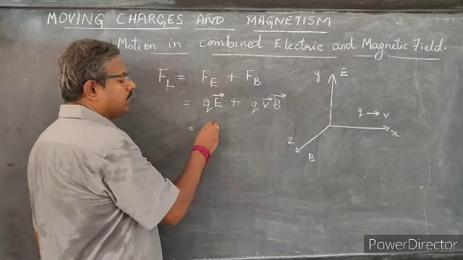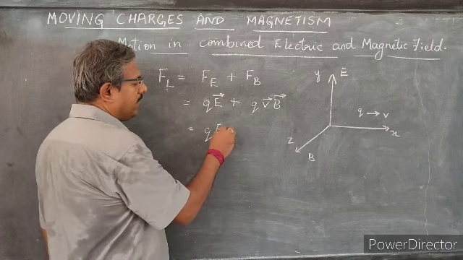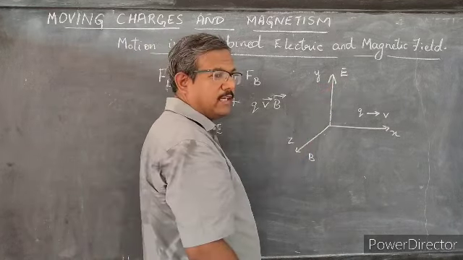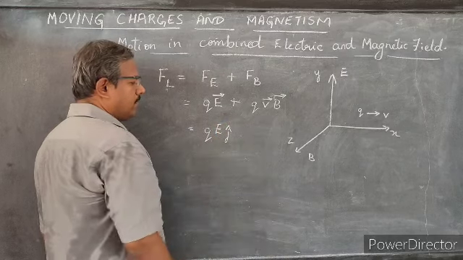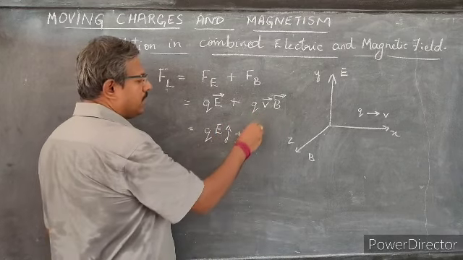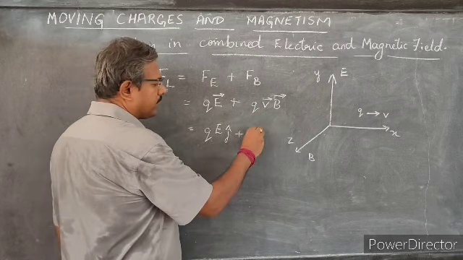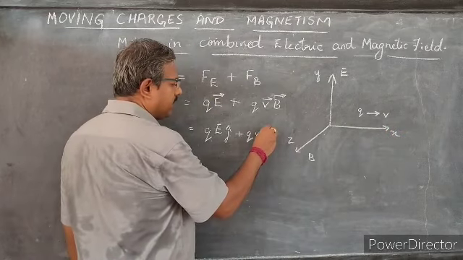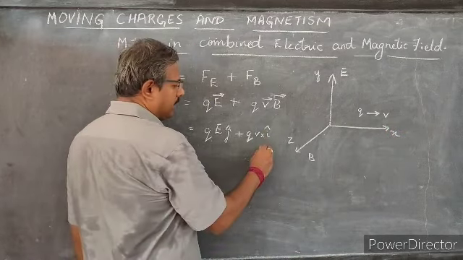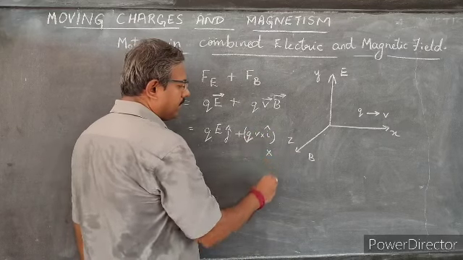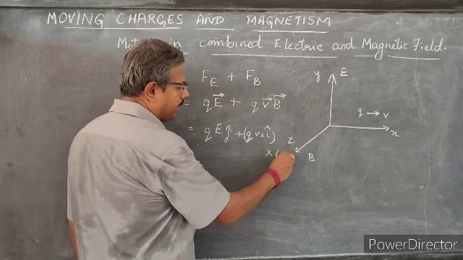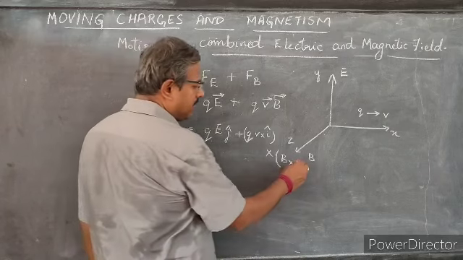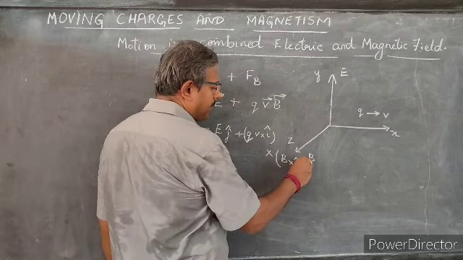So if I do that, I get Q into E multiplied by the unit vector in the direction of the electric field, which is denoted by the letter J cap, if you recall, plus Q into velocity into the unit vector in the direction of velocity, which is the x-axis, given by the unit vector I cap, multiplied by B into the unit vector in the direction of the magnetic field, which is given by K cap.